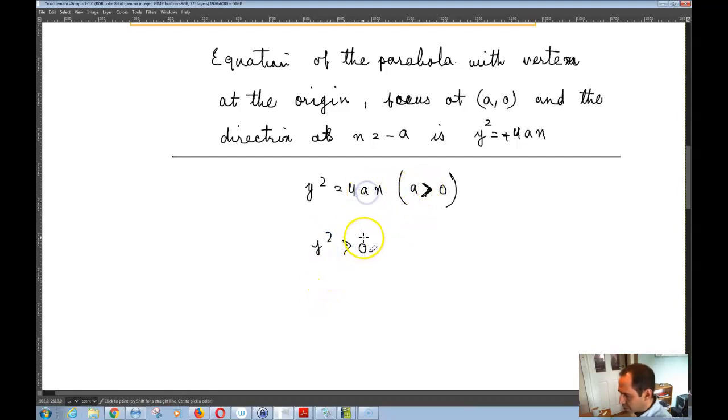And since a is positive, then x can only be positive. It can be positive or 0, depending on the value of y. But it cannot be a negative value, because if x is a negative value, then this whole part over here becomes negative, and this cannot be negative. So that means that x can take on only positive values or 0, but no negative values.